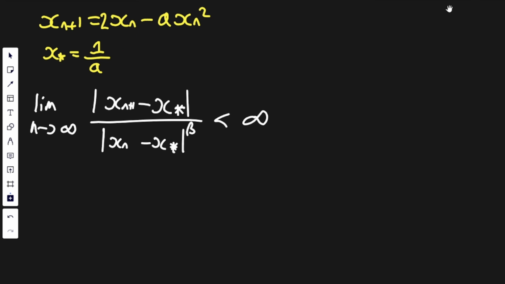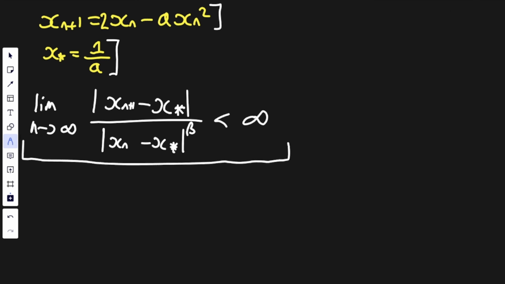Now, what I've got here is our recurrence relation that we derived. I've got the limit of this recurrence relation, so it's going to approach 1 over a. That was what we designed it to do. And then I've got this limit. Now, this limit is kind of pulled out of a hat, but it's how you measure the rate of convergence of a recurrence relation.